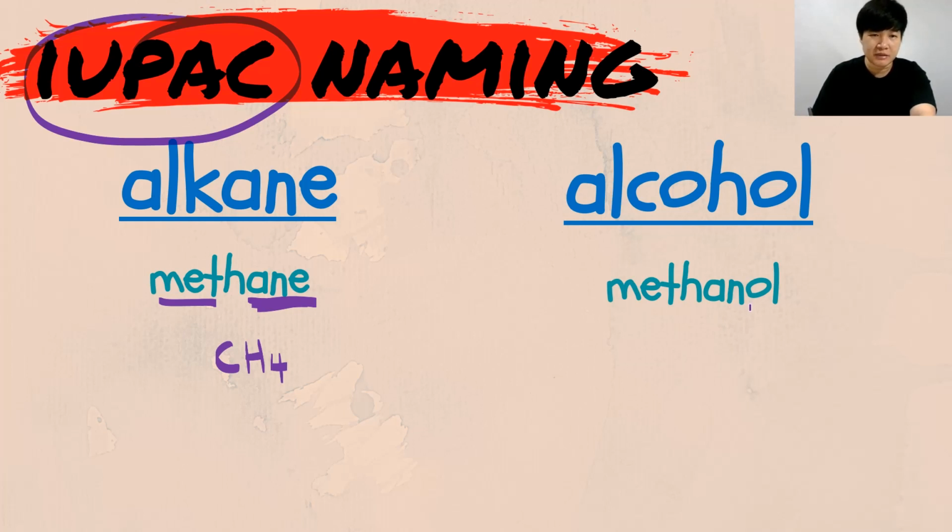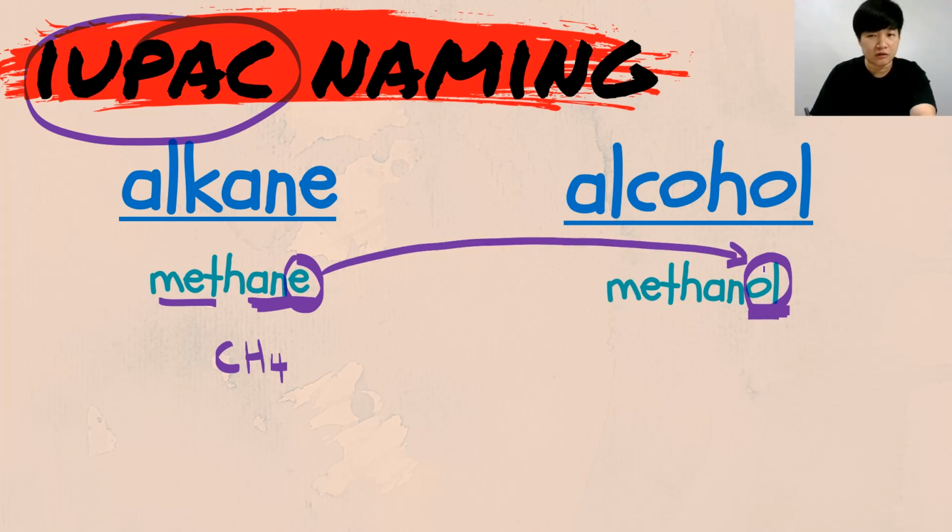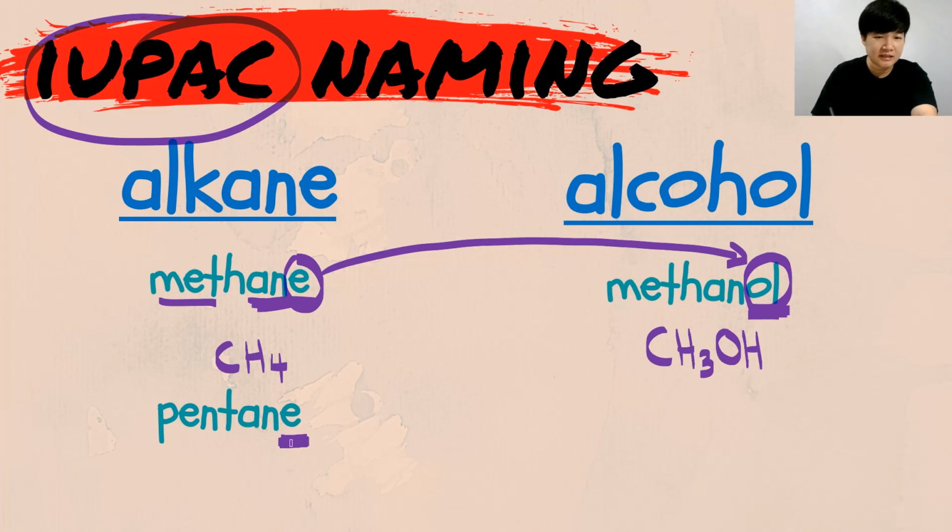And if you look at methanol, the spelling difference is only your OL and also your E over here. So the last E in the methane will be replaced by OL, then the name will become methanol. So that will become your alcohol with 1 carbon, where the formula will be CH3OH.